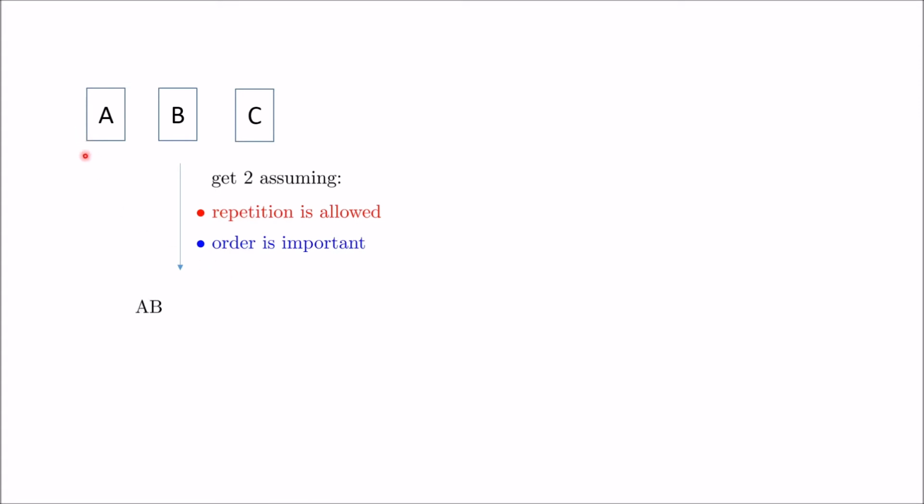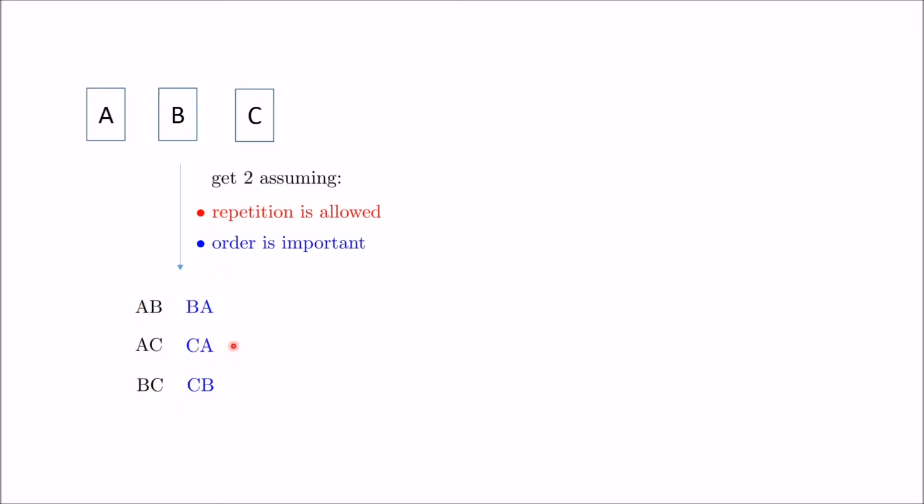So one possibility you may choose is AB. But then order is important, so you could have chosen BA, so that's considered a different outcome. So you should consider both of them. And then you can choose AC, and then do the flip of AC, because order is important. We did AB, AC, so the last possible pairing is BC, and then its mirrored image.